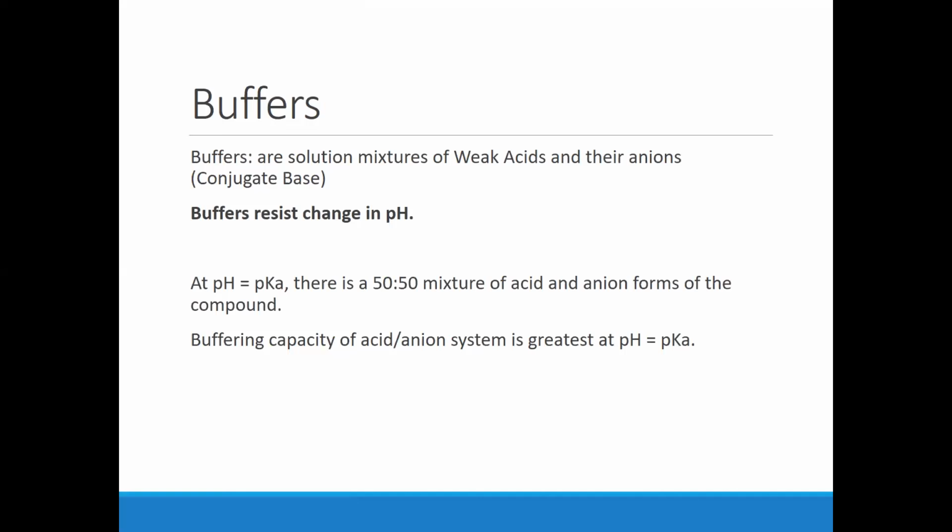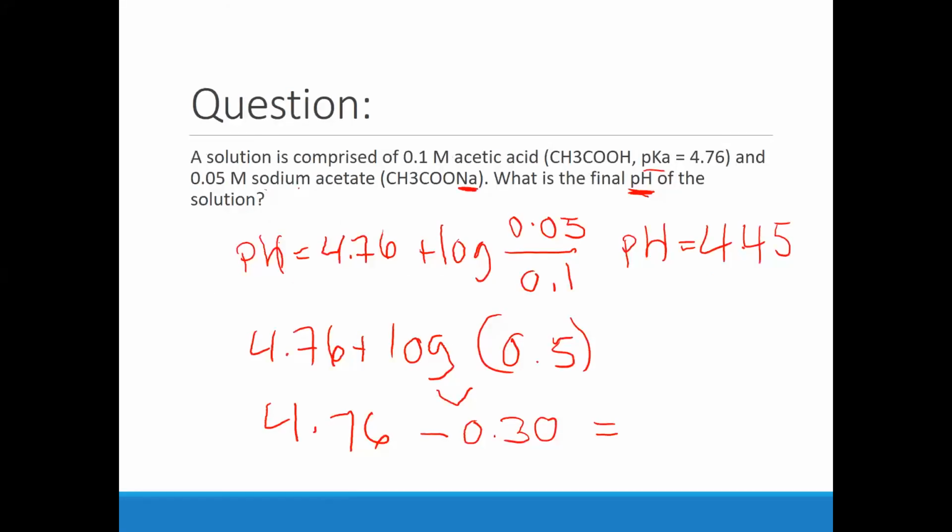Buffers are just a solution that mixes a weak acid and its conjugate base together. And in fact, in this last example, testing out the Henderson-Hasselbalch equation, this was a buffer. We had a weak acid, acetic acid, and we had its conjugate base, sodium acetate.